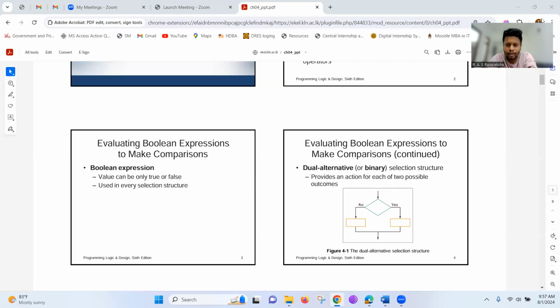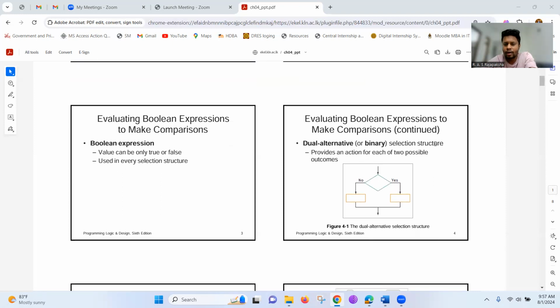Then, evaluating Boolean expressions to make the comparison. Dual alternatives: can you remember it in your fourth slide? It clearly mentioned both alternatives. If you are earning more than 50% marks, you pass.